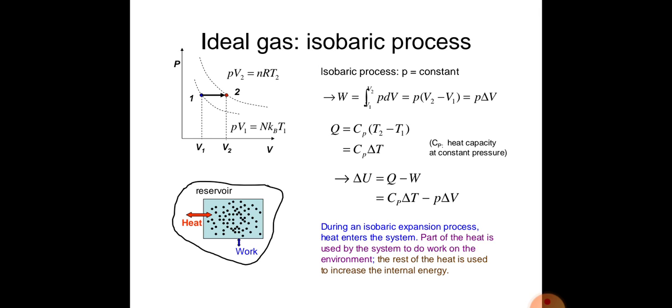Now the equation for the internal energy is Q minus W equal to ΔU. The value for Q is Cp into ΔT, and the work done is P into ΔV. So the final equation for the internal energy is Cp into ΔT minus P into ΔV.